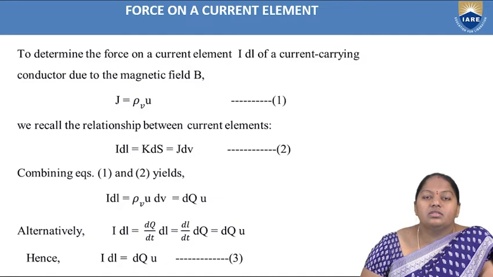Next, the second condition: the force experienced on a current element. First we discussed the case of force experienced on a charged particle. Now the second case which we are going to analyze is force experienced on a current element.